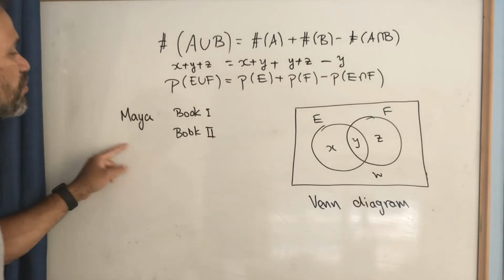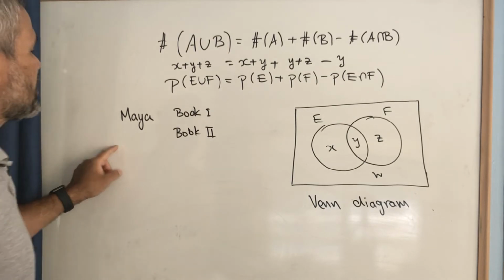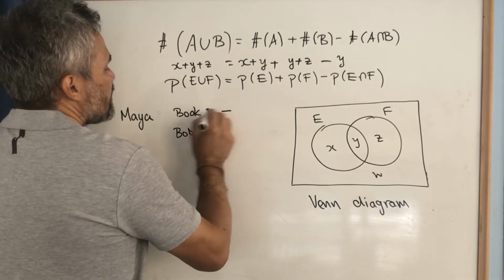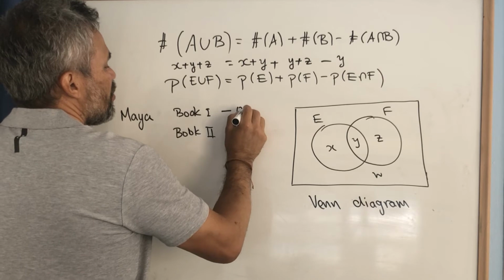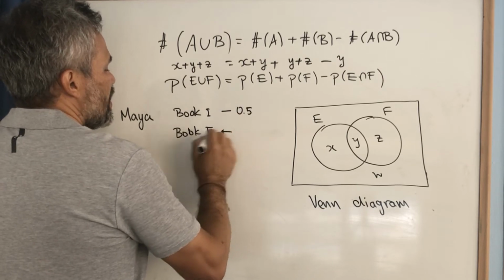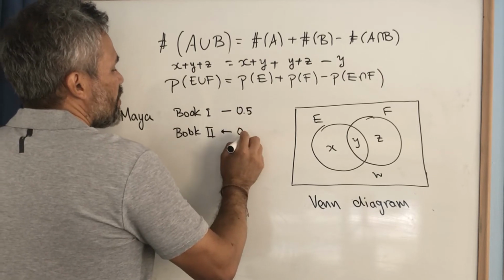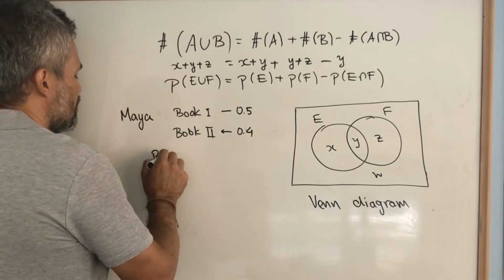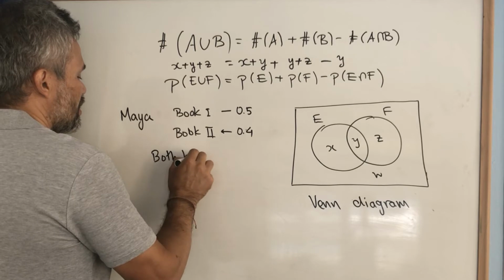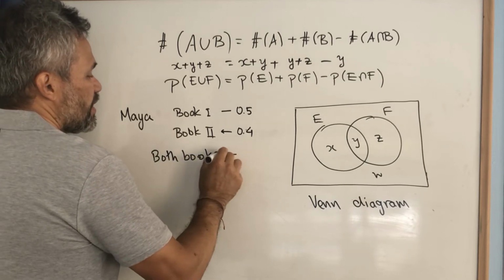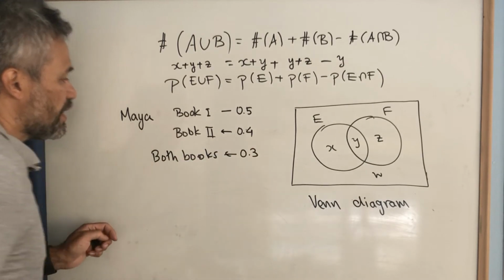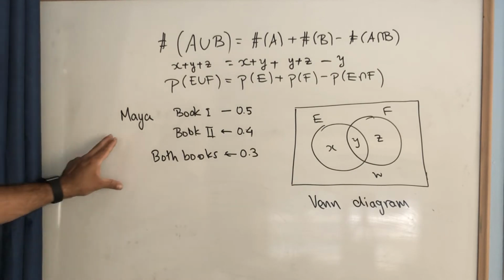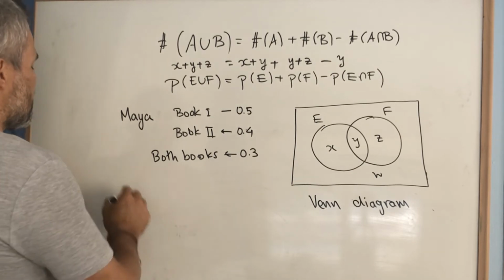She takes these two books to vacation, and it's known that she will like this book with a probability of 0.5, and she will like this book with a probability 0.4, and she will like both books with a probability of 0.3. The question is, what is the probability that she will like neither?